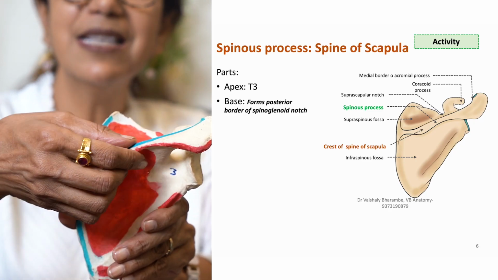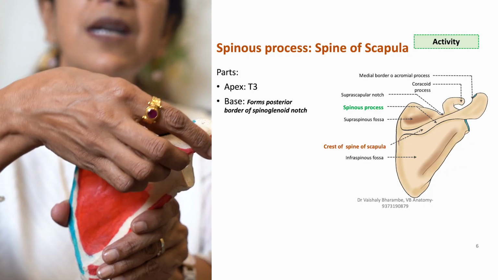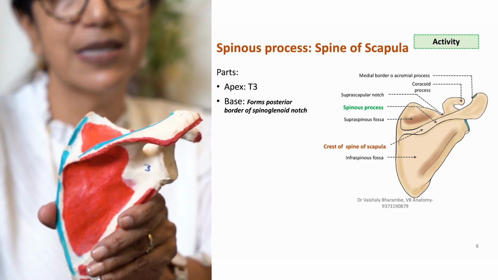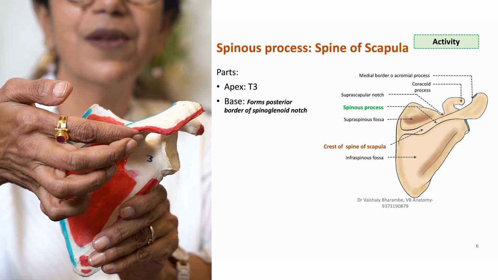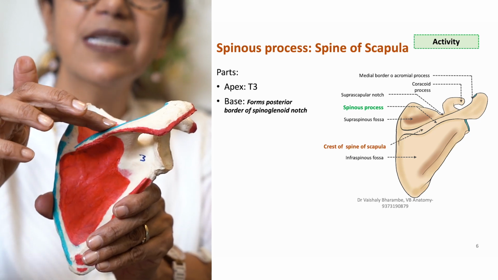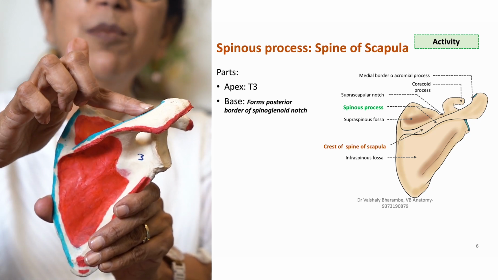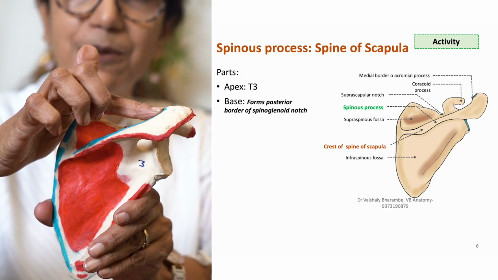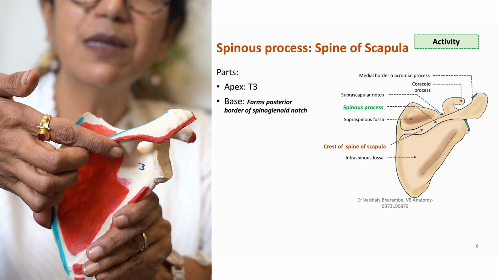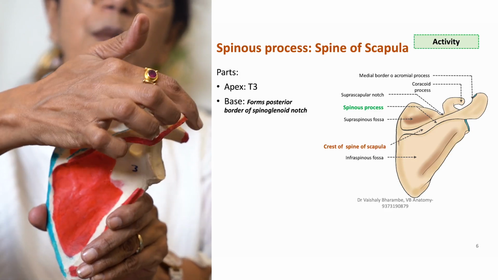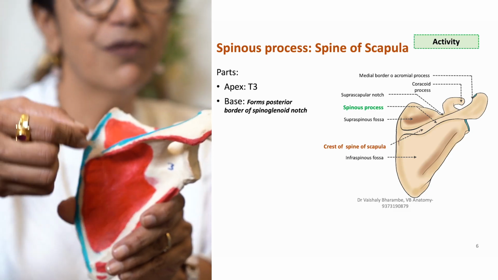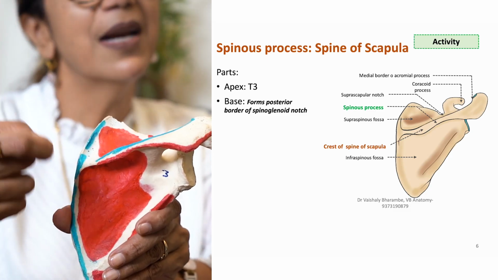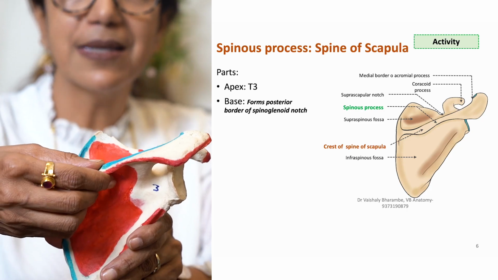The crest extends laterally and becomes continuous with the acromion process. The upper border of the crest, lower border of crest. Upper border of crest becomes continuous with the medial border of acromion process. Lower border of crest becomes continuous with the lateral border of acromion process. Unless you practice this using your fingers, you're not going to understand what I'm saying. So practice it.